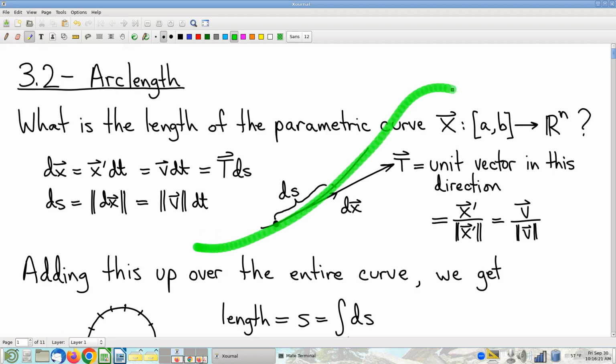If your curve is floating along like that, here then is a little piece of curve. And you'll notice that it is approximated by the position differential, dx. And keep in mind what that is now. That's our linear approximation to change in position over the amount of time that it took us to get across this little piece of curve.